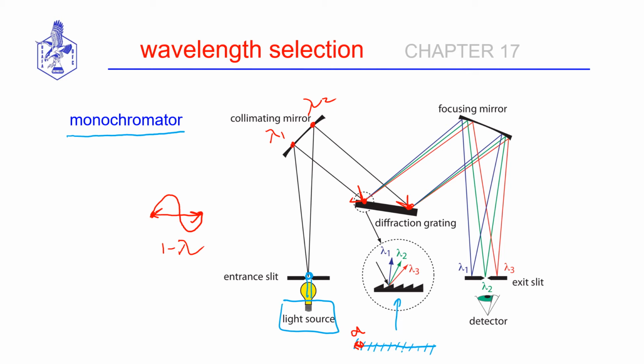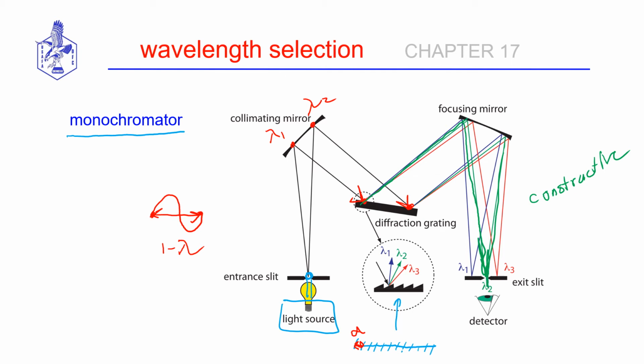So as you can see, once the light is focused onto the diffraction grating, some wavelengths are going to recombine and hit precisely. The green one hits precisely on the exit slit. That is total constructive interference, and so the green light will come through.